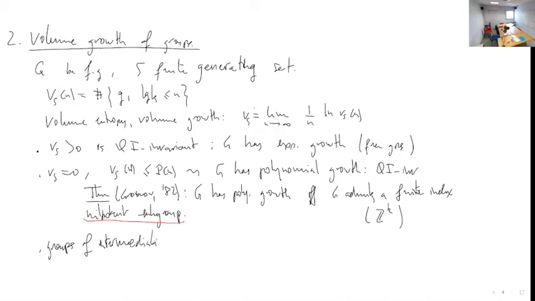This means that they are not exponential, the v_S is 0, the volume entropy is 0, but it grows faster than any polynomial. The existence of such groups is due to Grigorchuk, and this is rather recent, in the 80s. I don't remember which year, but it's in the list of references that I put on the Zoom.